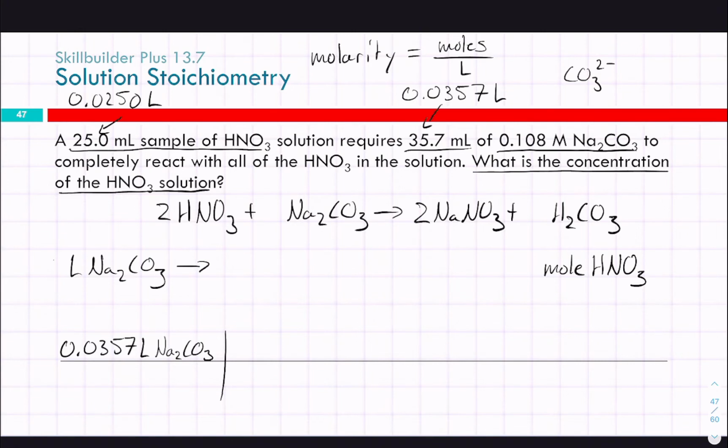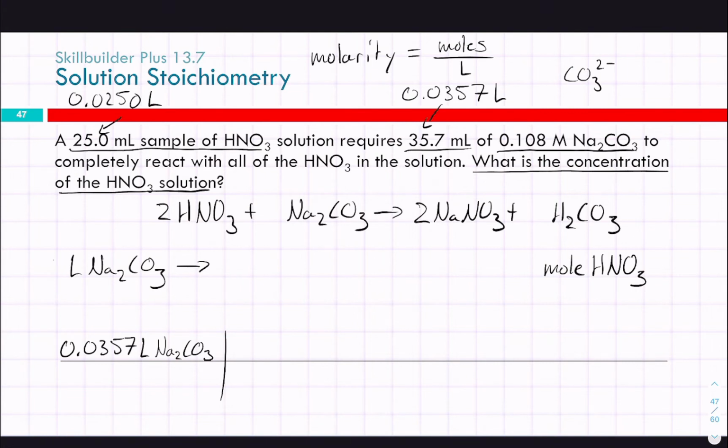What are we trying to do in every stoichiometry problem? Yeah, convert to moles. So we're going to go from liters of this to moles, and we can use the concentration that we were given of that sodium carbonate.